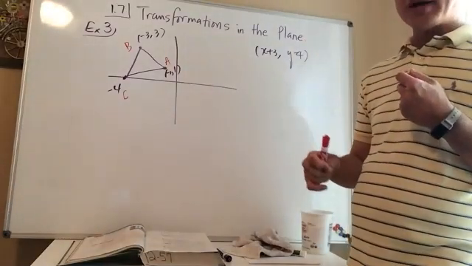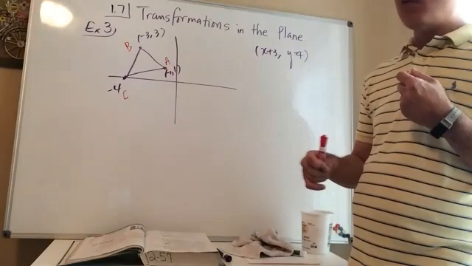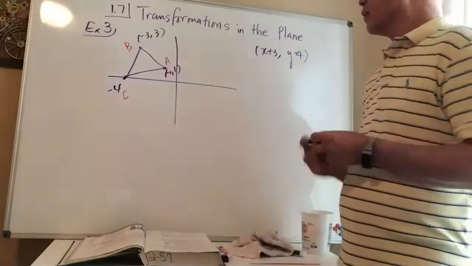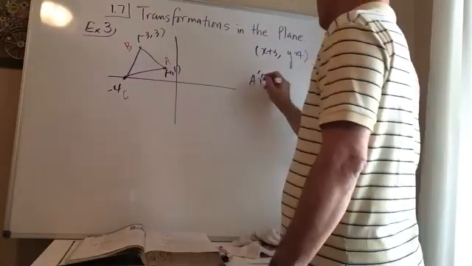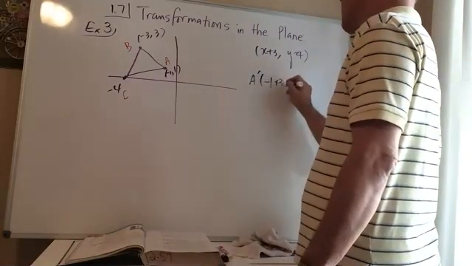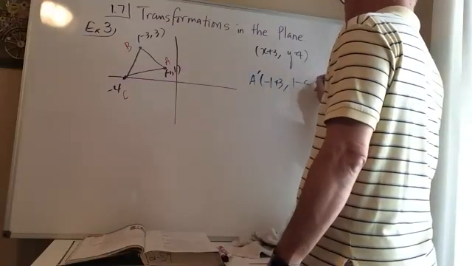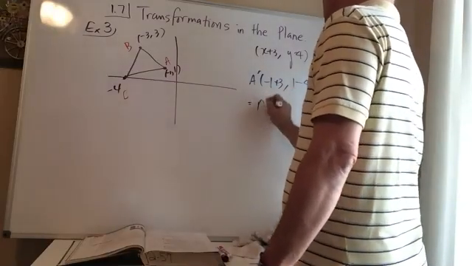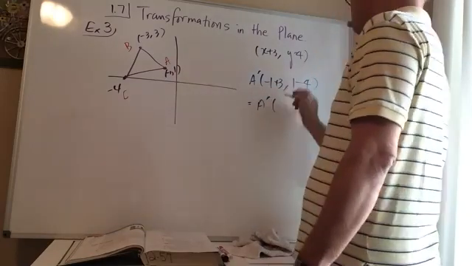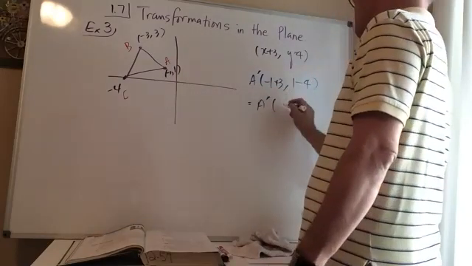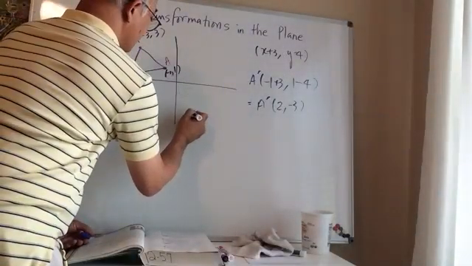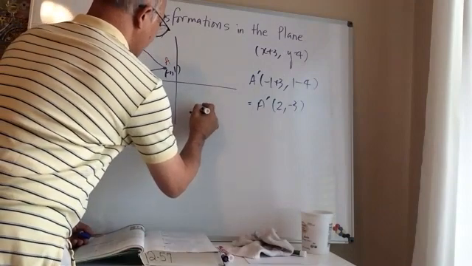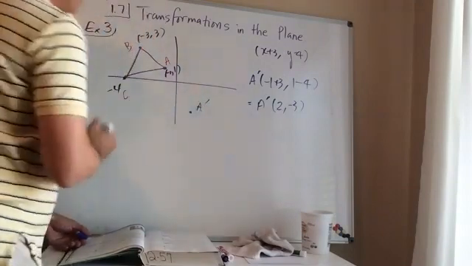If I'm subtracting 4, I'm going to go down, correct? So A prime is going to be -1 plus 3, 1 minus 4, which is 2, -3. So this guy here is going to be my A prime.